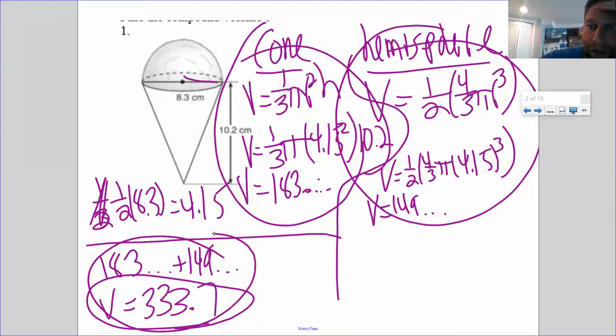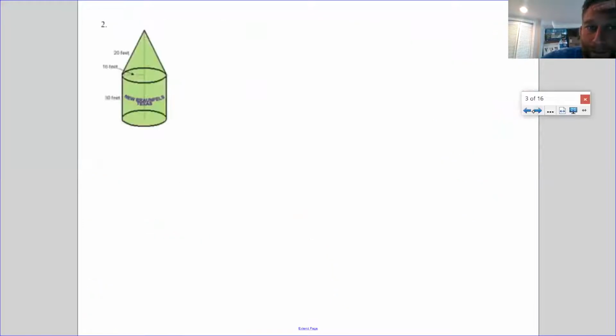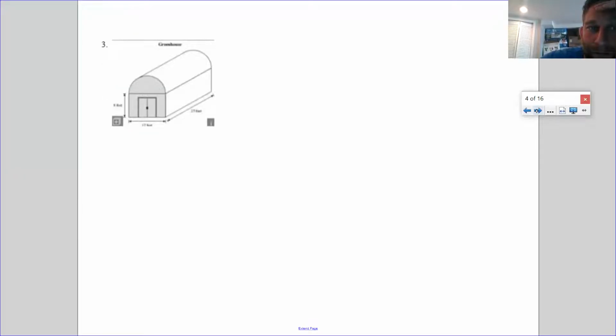Let's try one more. Let's try number 3. So the question is, what shapes make up this shape? Well, this shape's actually very similar to my lunchbox because it's essentially the same shapes.